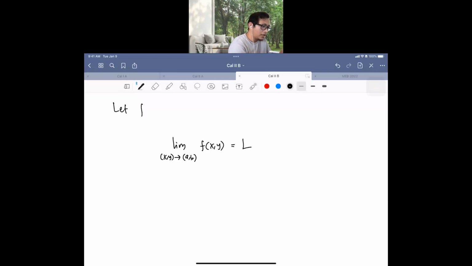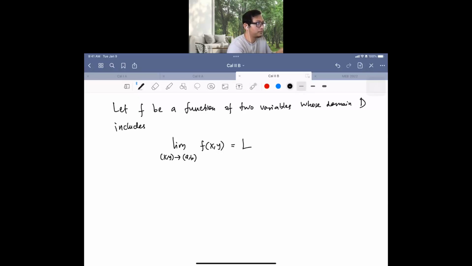Let f be a function of two variables whose domain D includes points arbitrarily close to the point (a, b) that we want to approach.